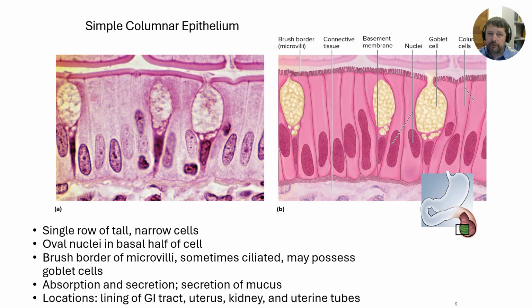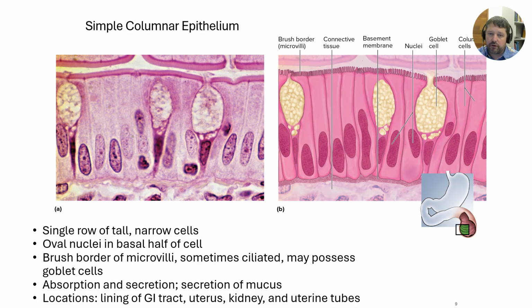Okay, the columnar. Remember we talked about before, cells are associated with being small, and the only way you get large cells is by increasing the surface area. Columnar cells are a good example of that.